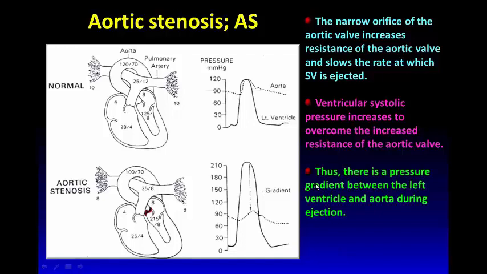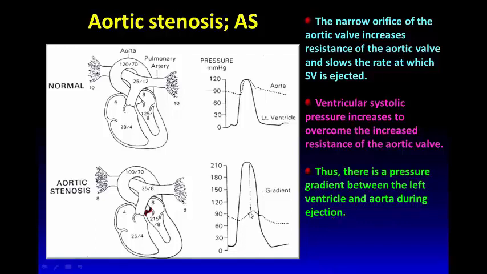So as a result of aortic stenosis, the increased resistance of the aortic valve and the harder work of the left ventricle, a pressure gradient is detected between the left ventricle and the aorta when the stenotic aortic valve is open during the ejection phase of the cardiac cycle.